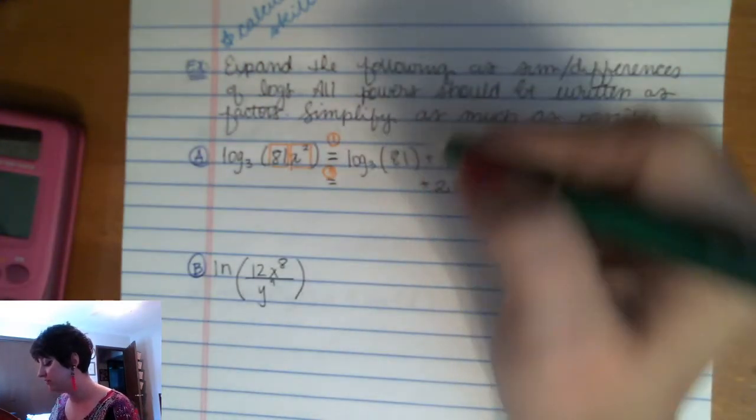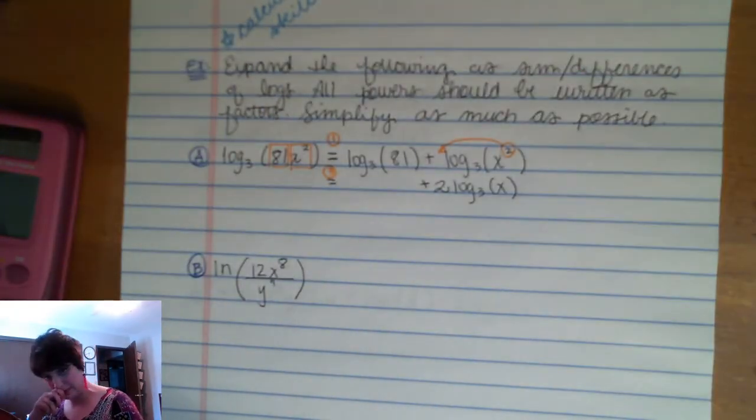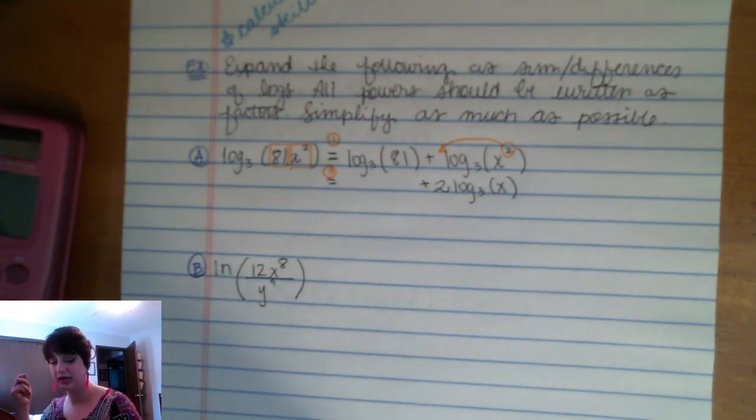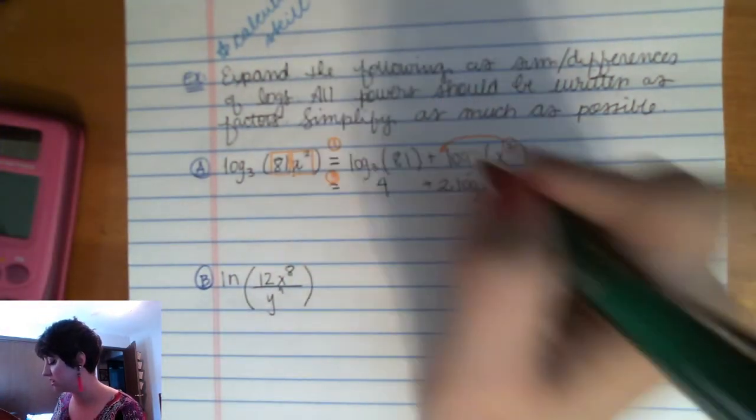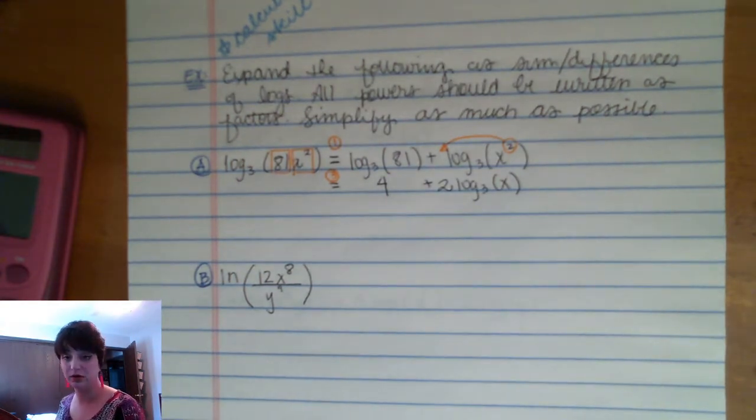Now log base 3 of 81. So this is a number. 3 to what power is 81? Well, 3 squared is 9 and 9 squared is 81. So this is 4 because 3 to the 4th power is 81.